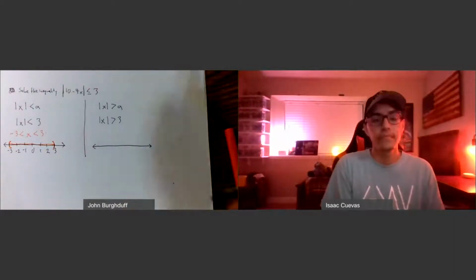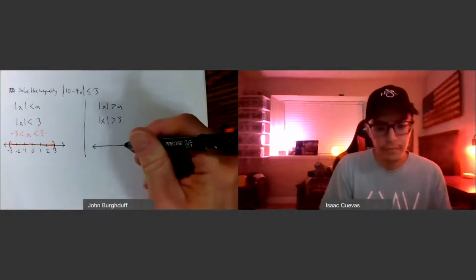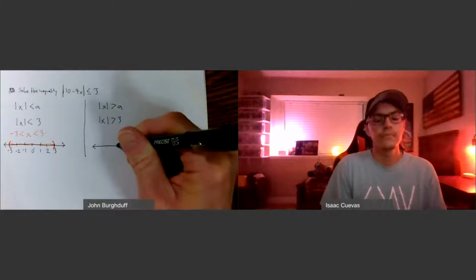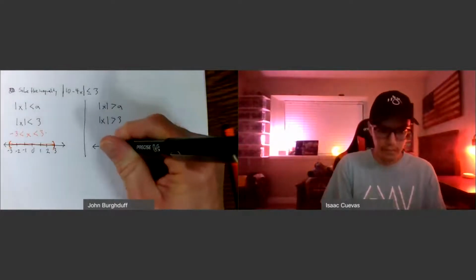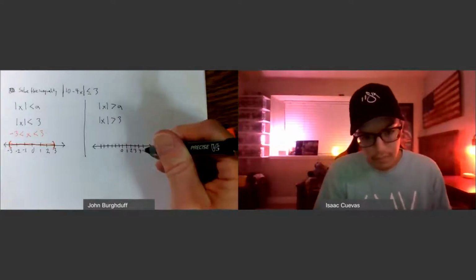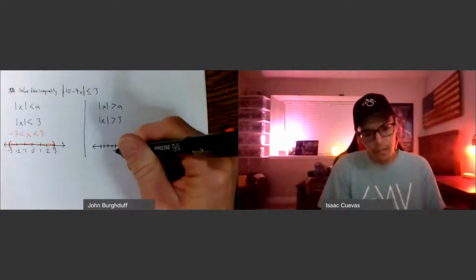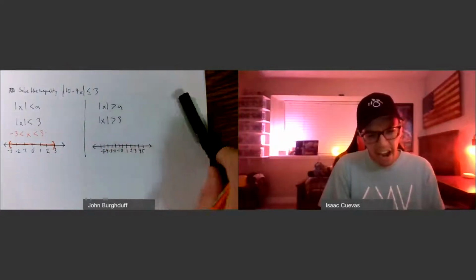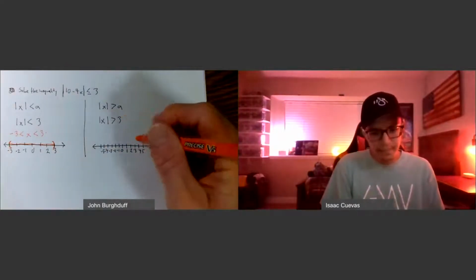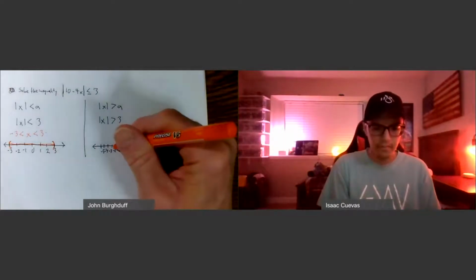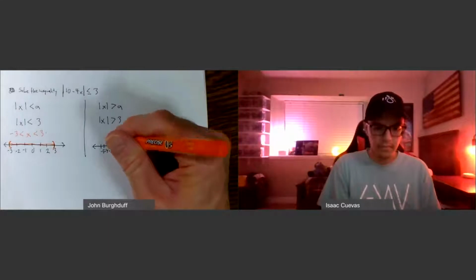So absolute value of x greater than 3. I'm going to make these a little bit closer together. So let's say that 0 is here, 1, 2, 3, 4, 5, negative 1, negative 2, negative 3, negative 4, negative 5. The numbers whose absolute value are greater than 3 would be like 4, or 5, or negative 3, or negative 4, or negative 5.